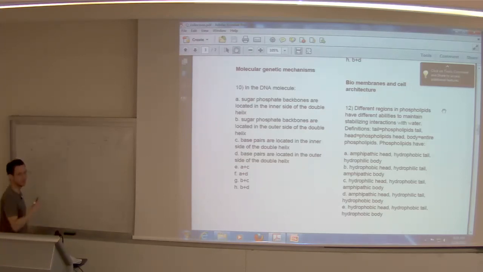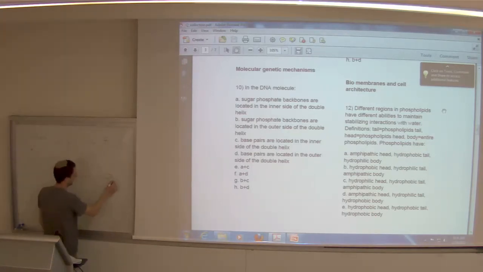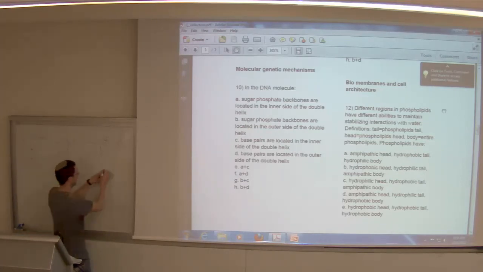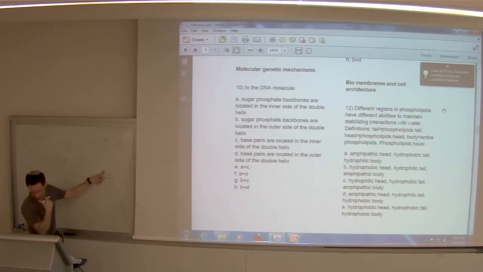Amphipathy is the character that you have both hydrophilic and hydrophobic nature in the same molecule. So if this is a phospholipid, the head is hydrophilic, the tail is hydrophobic, and the whole thing is amphipathic. I said B, but it's the opposite, sorry.